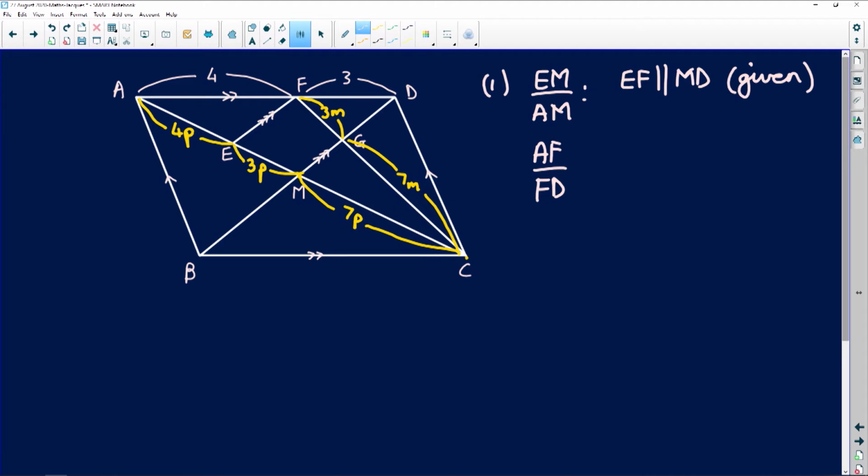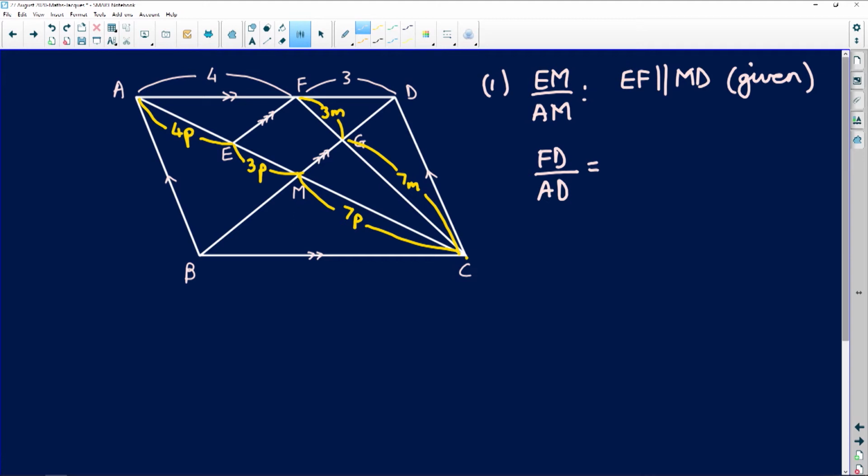So let's say EM corresponds to FD, over the whole one, which is AD, and that is nothing other than 3 over 7.